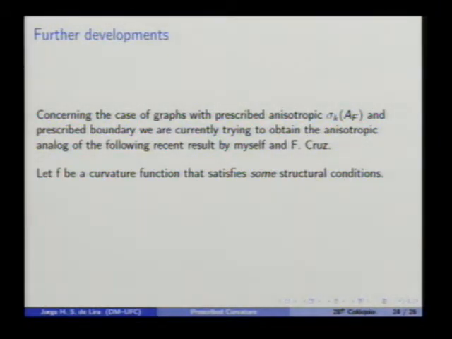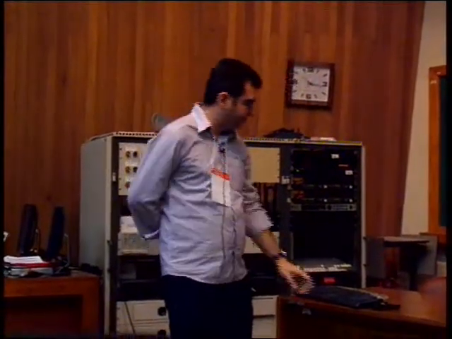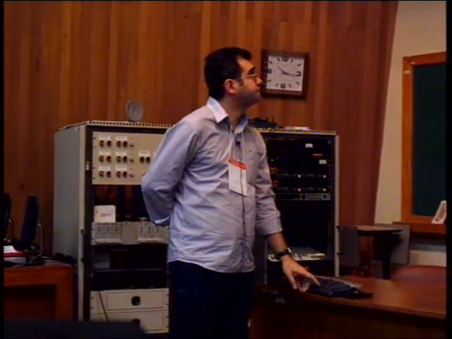This result in this isotropic case concerns the choice of some general function of the principal curvatures of the hypersurface, a function f. For our purposes, this f could be the sigma k function, or some root of this sigma k function. You choose a prescribed function given by this capital psi.